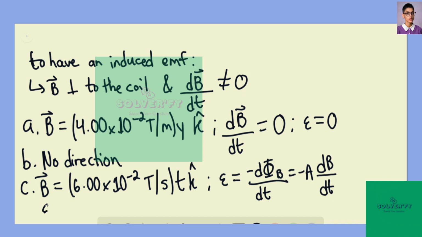We can say for part G now, because the magnetic flux here is going to equal zero, this means that the EMF is equaling zero, and H, of course, would be none, so there's no direction. We can say for I, again, the magnetic flux is going to be equal to zero, which means the EMF would be zero, and again, for part J, because there is no EMF, there is no direction.